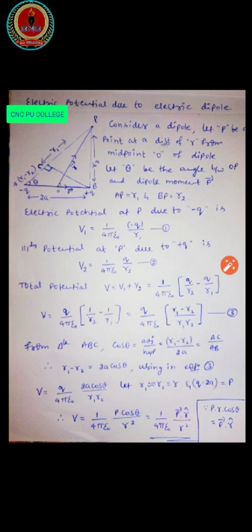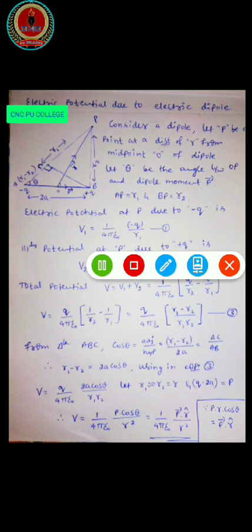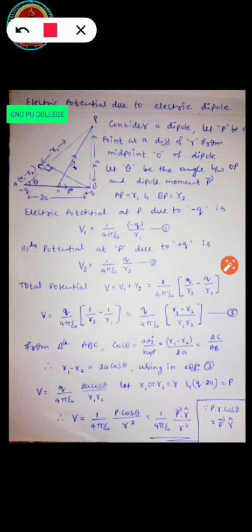Electric potential at P due to negative charge, because we have to consider both the potential due to the positive charge and the negative charge. By the superposition principle, we get the total potential. Initially we are considering V1. What is V1? Electric potential at P due to the negative charge.